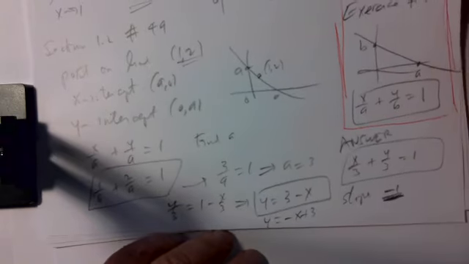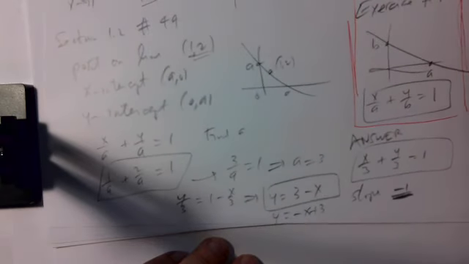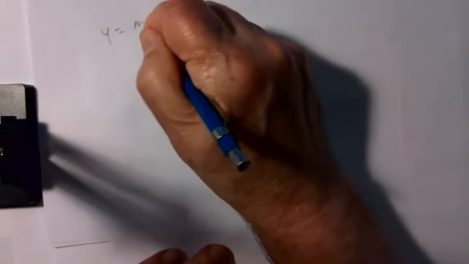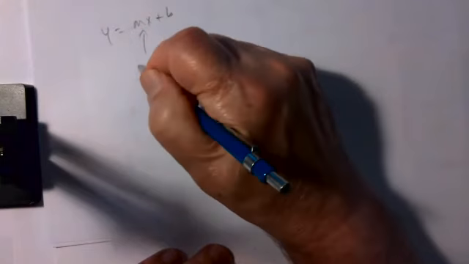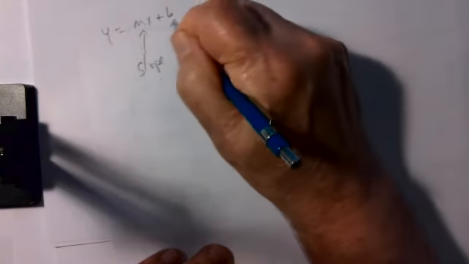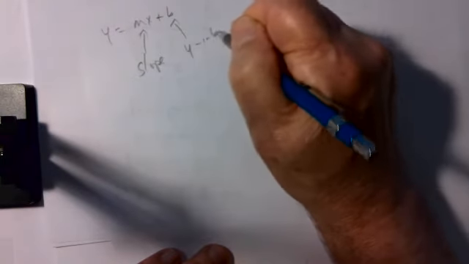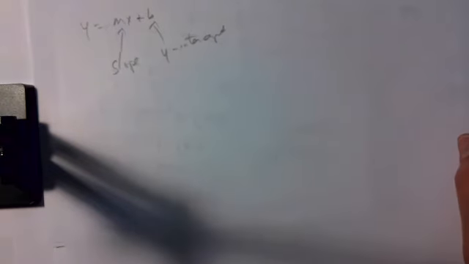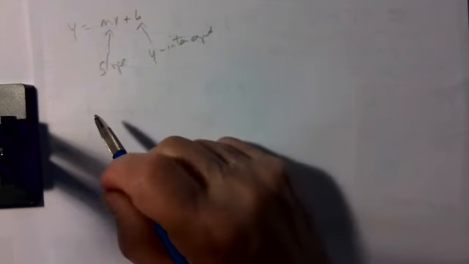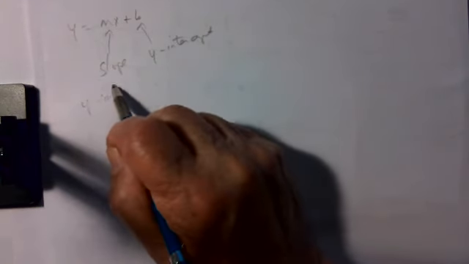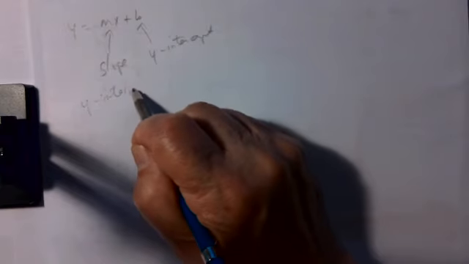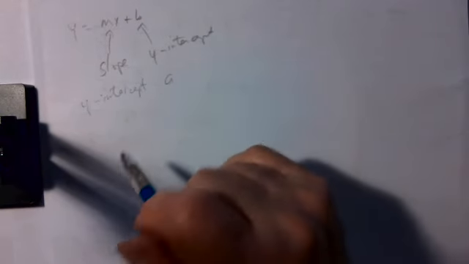Another way you could have done this without using exercise 46 is, the equation of a line is y equals mx plus b, where m is the slope and b is the y-intercept. In this case, we're told that the y-intercept is a.